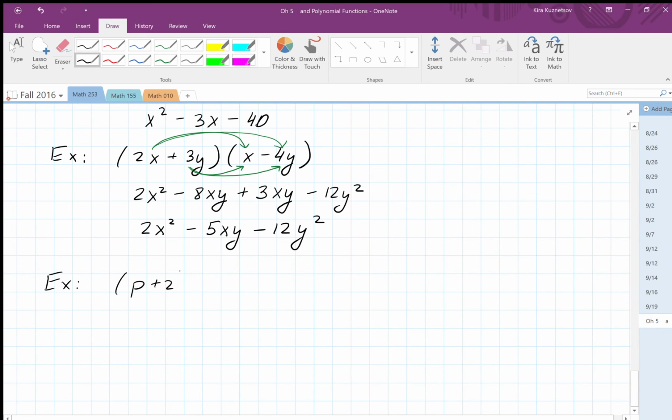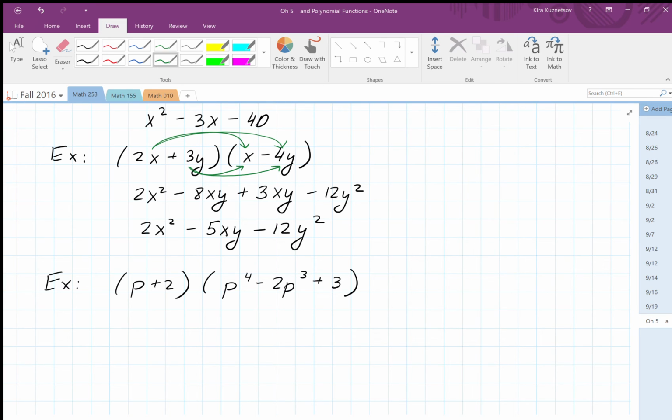Next example. I have p plus 2 times p to the power of 4 minus 2p cubed plus 3. This is a binomial times a trinomial. Now the idea of this is still the same. You want to make sure that everybody is multiplied by everybody.